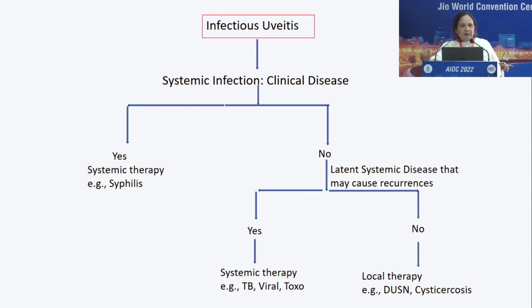They do very well, but when you see them after 5 years, 6 years, they start coming back with other manifestations of TB. So though you are treating it locally, you may still have to give a very good systemic therapy to prevent recurrences.